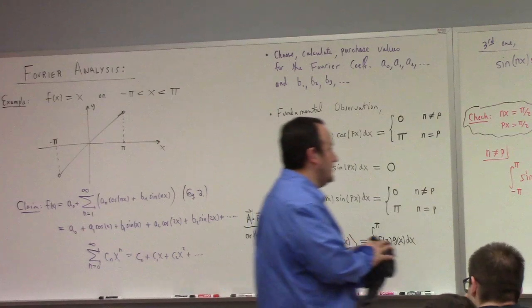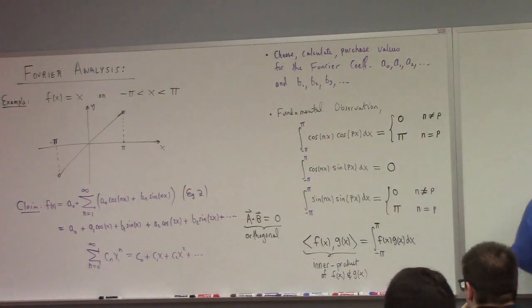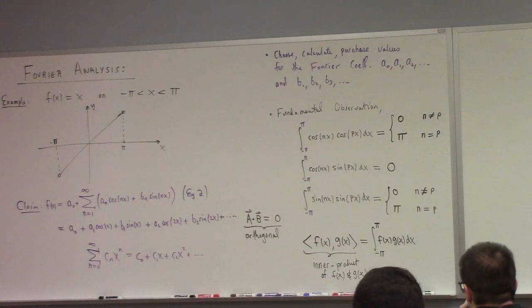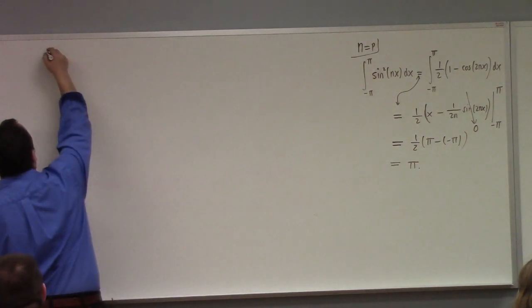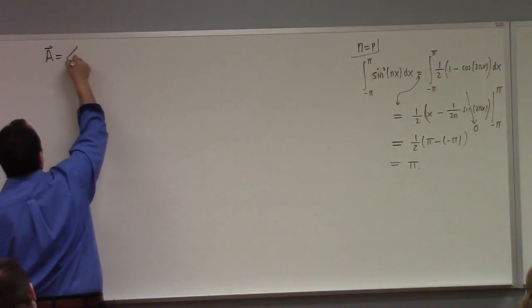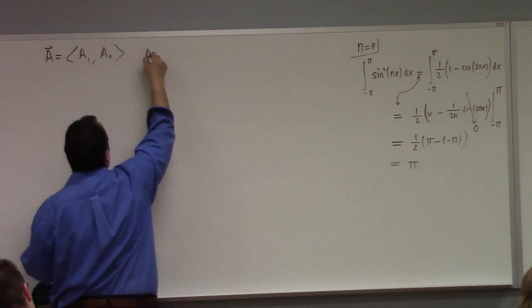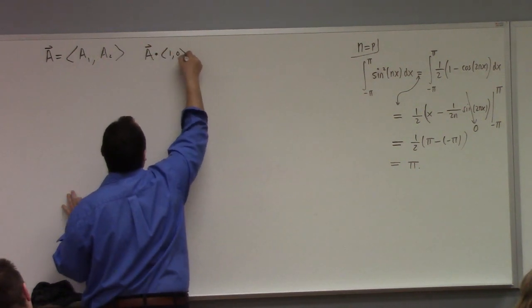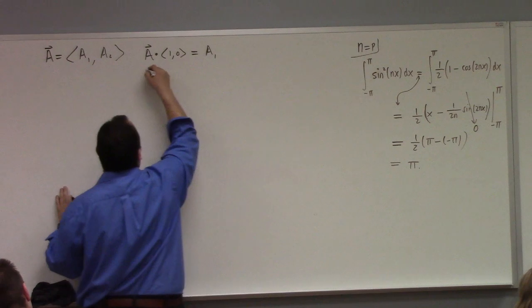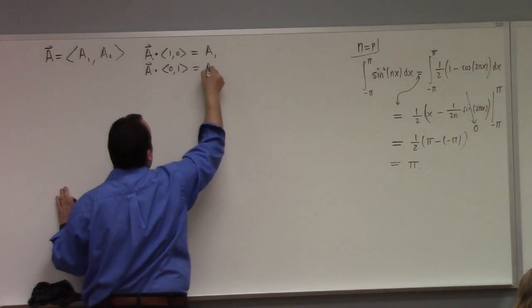So, what we'll learn in Calculus 3, among other things, is that we can take a vector and decompose it into its components by taking inner products, by taking dot products. Like if we have a equal to (a1, a2), then a dot the vector (1, 0) is a1, and a dot the vector (0, 1) is a2.